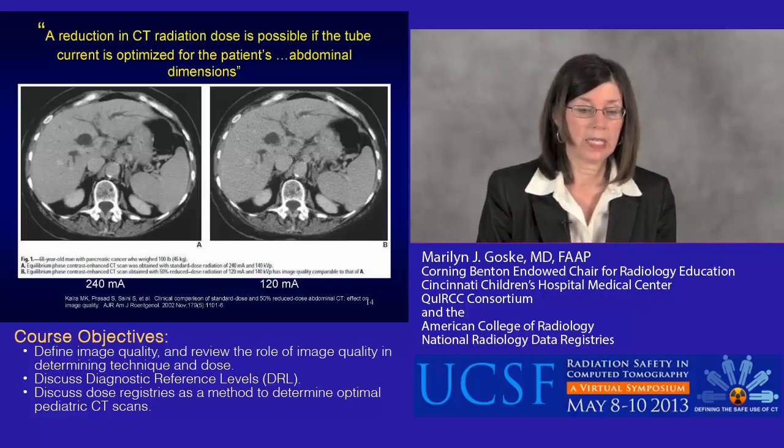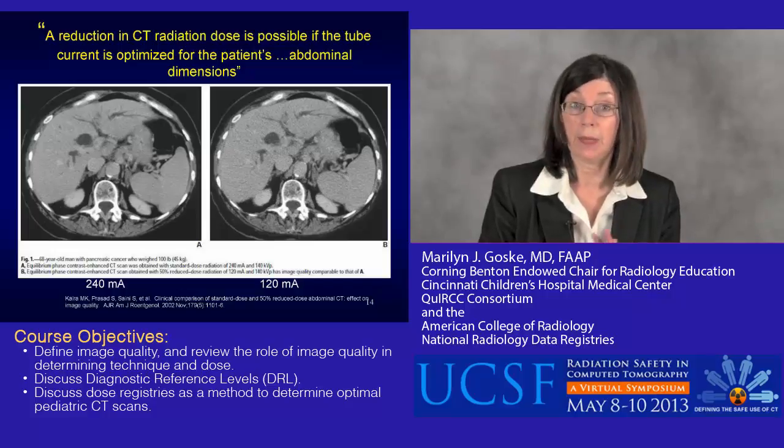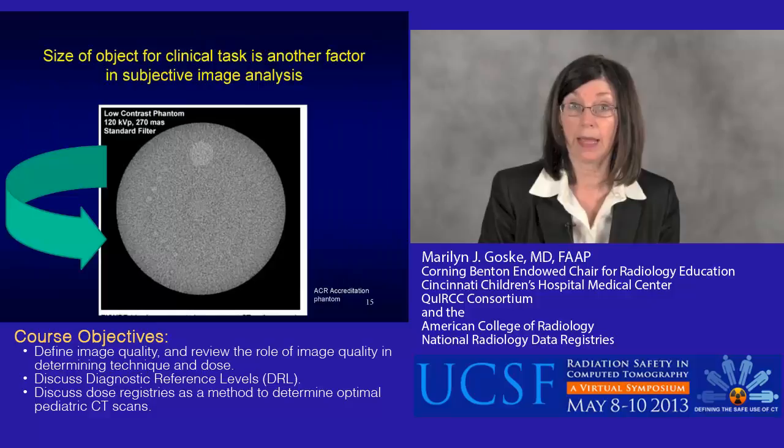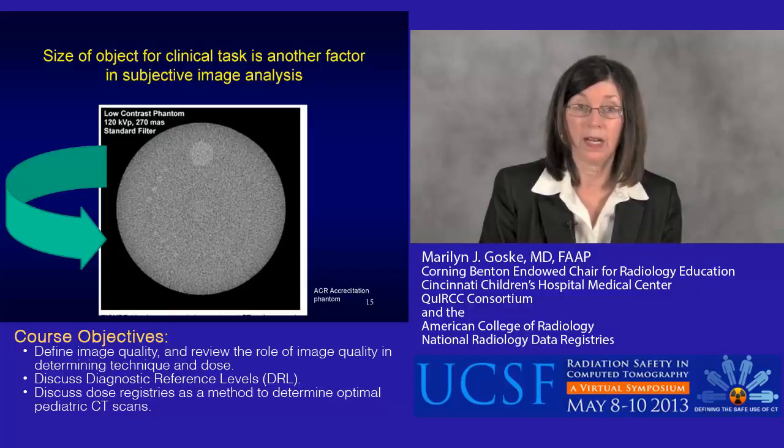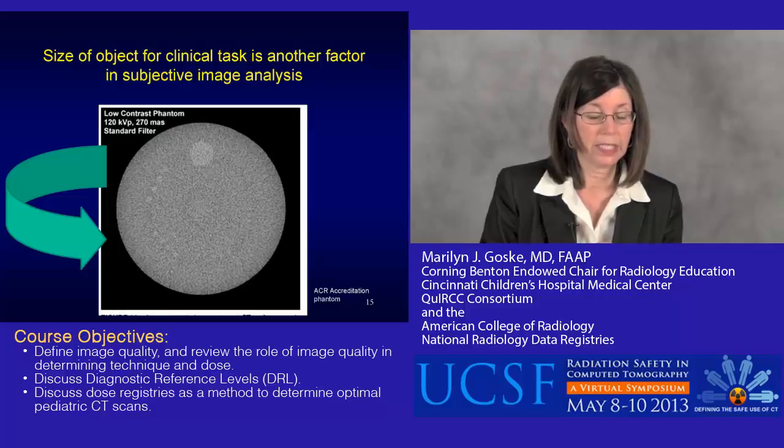Another factor in relation to image quality is that it depends on the task and the size of the object that you're looking at. On this next slide, this is the American College of Radiology accreditation phantom. As you can see, as some of the rods in this phantom get smaller, it becomes increasingly difficult to see this type of detail, showing that the amount of noise also impacts the conspicuity of a particular lesion.